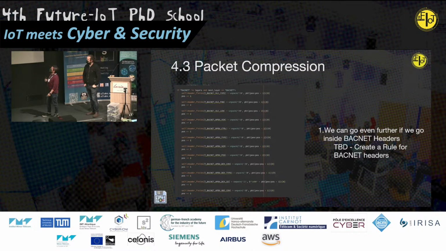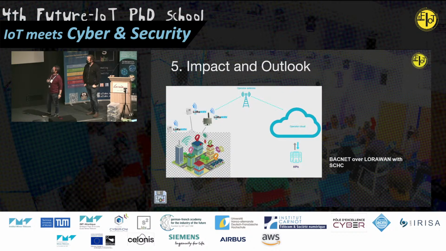So basically the impact and the outlook is that we can have BACnet that is over IPv4 right now, sending to the LoRa network and use this. So yeah, basically that's it. Thank you.